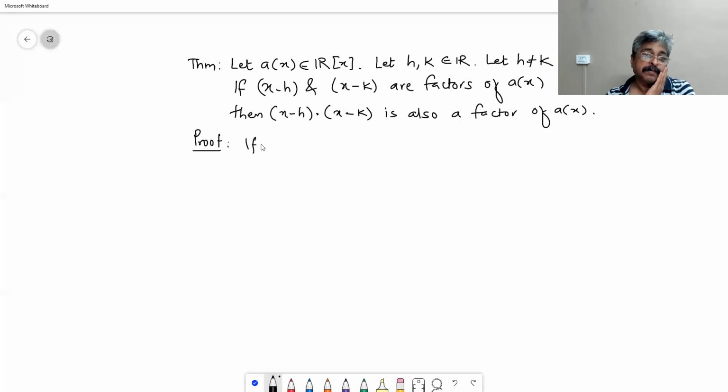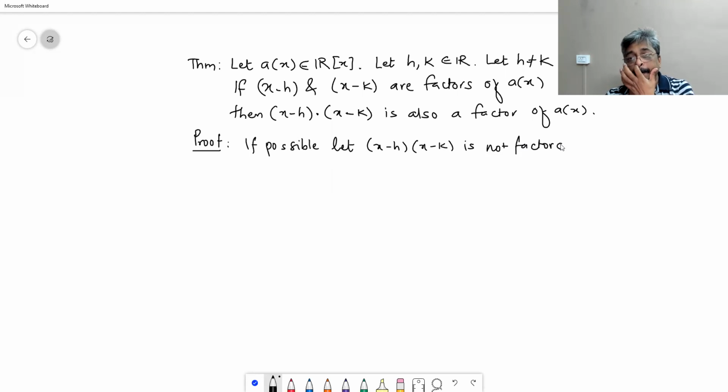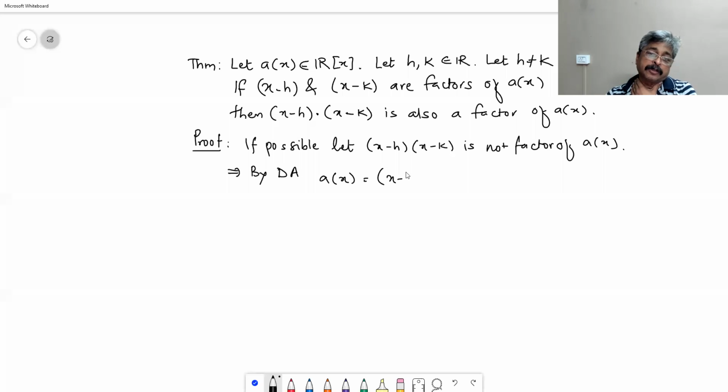If possible, let (x minus h)(x minus k) not be a factor of a(x). This implies by division algorithm a(x) is equal to (x minus h)(x minus k) times q(x) plus r(x).